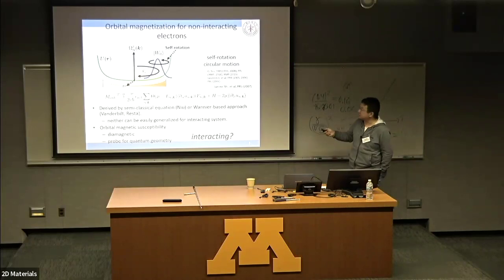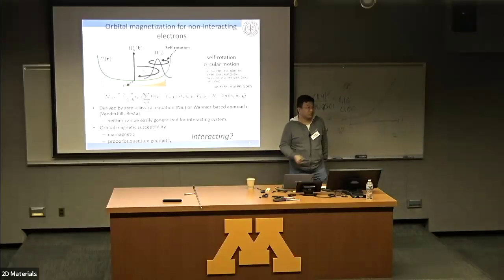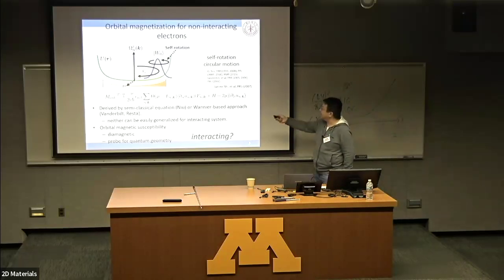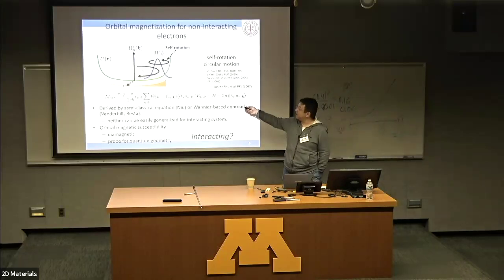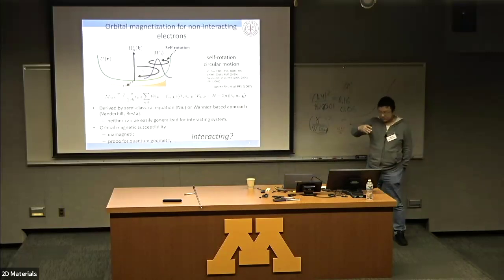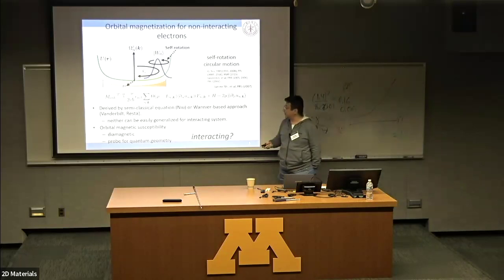One is the so-called self-rotation, where the wave packet rotates around its center. The other is the loop circular motion, where the center of the wave packet does a loop motion in real space.